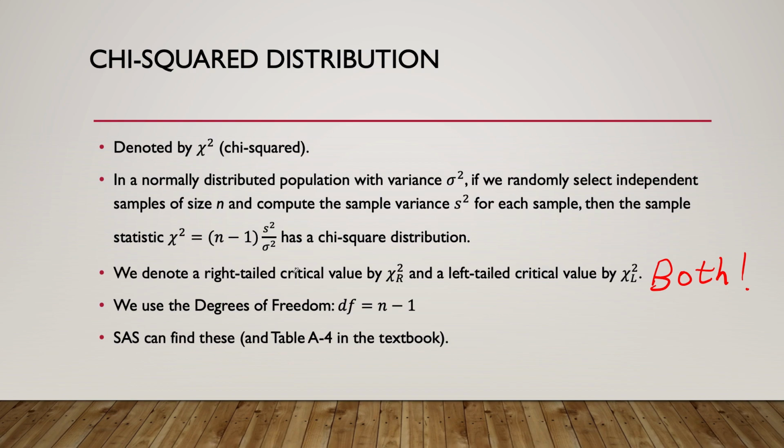And SAS could find these as well if we wanted to code it to do so. Or we could use table A4 in the textbook. The only problem with that is that you have issues with rounding and whatnot that may or may not cause an impact. But for the most part, we would be using SAS to find these calculations.